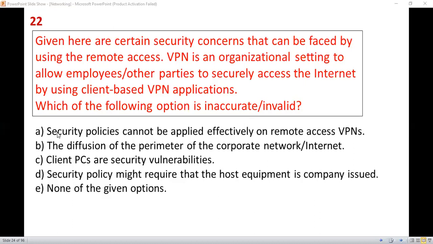So the security policy statement is right: we cannot apply it in an efficient way when we are working with remote access, and in a virtual private network we cannot effectively apply all the security policies. Okay, you got your answer.